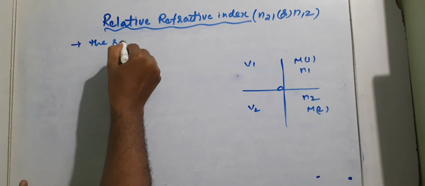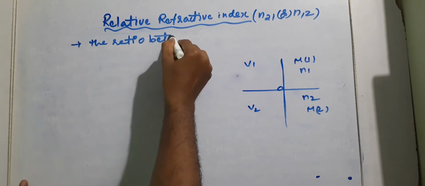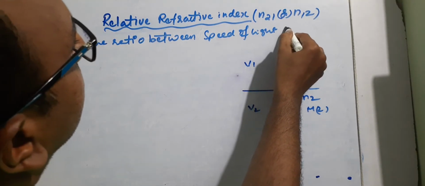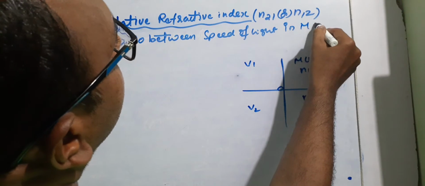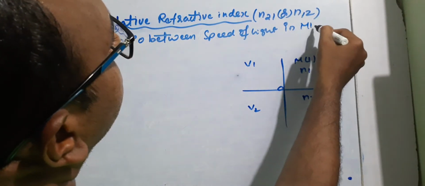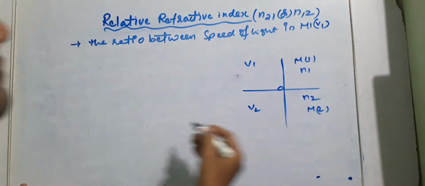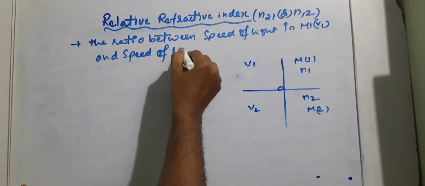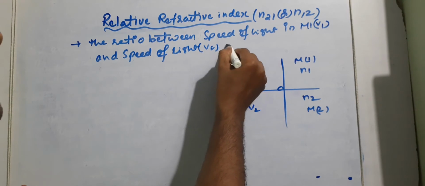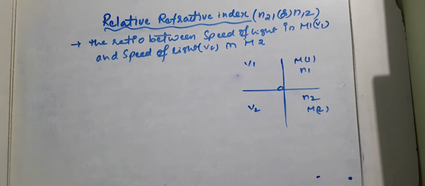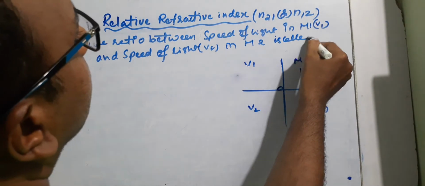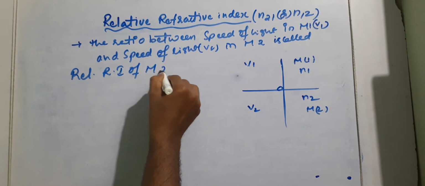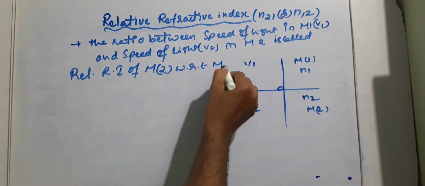So now the ratio between the speed of light in medium 1, that is v1, and the speed of light v2 in medium 2, is called the relative refractive index of medium 2 with respect to medium 1.